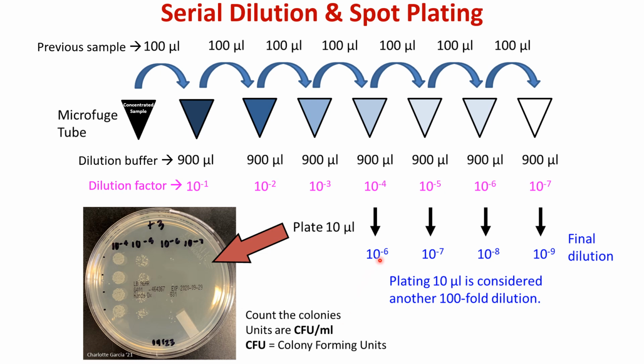Now we are only plating 10 microliters, so whatever we count up is for 10 microliters. We're going to want to express it in milliliters. So 10 microliters is actually 1/100th of a milliliter, so this is an extra 100-fold dilution beyond the dilutions that we did here. If this is confusing to you, you don't have to think about it this way. We have a formula that takes all this into account. This is a way that I was taught when I learned it, and for me it makes sense. It doesn't make sense for everybody.